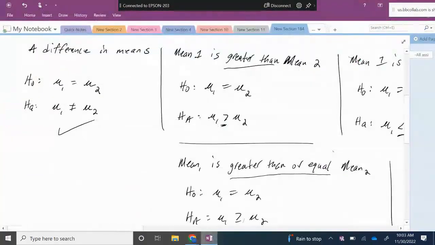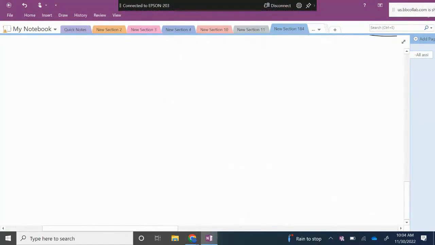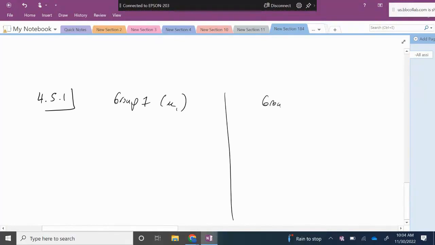So I'm not quite sure if I can put all of this stuff up on the screen at the same time, which I can. All right, so this is 4.5, number 1. So we have group 1, which is mean 1, and then we have group 2.